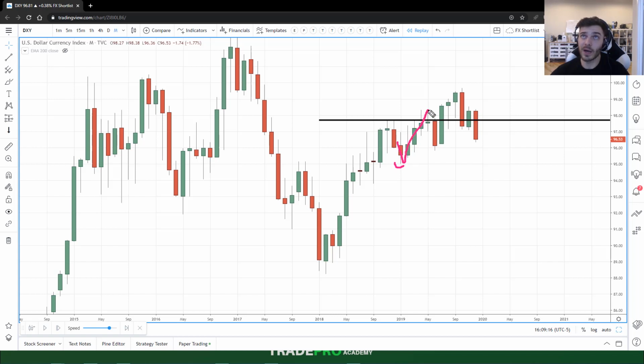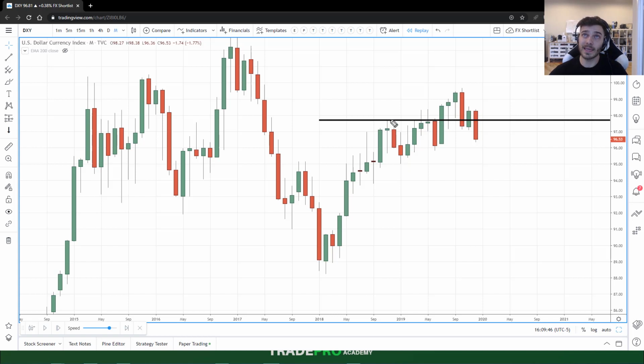However, the dollar kind of recovered above 98, sold off again, and then we had our move almost into 100 before the selling came in and pressed this market back lower. The buyers tried to press this thing back up, get this back up to the previous highs. They failed right around that 98 figure, and you can see here December closed at 96.53. So 96.53 is where the monthly has ended up.